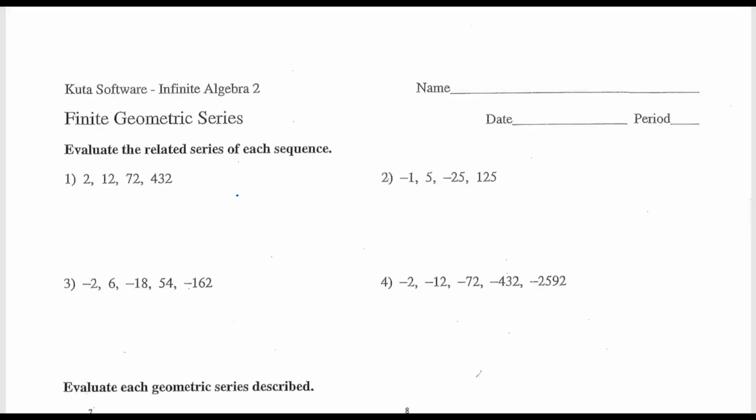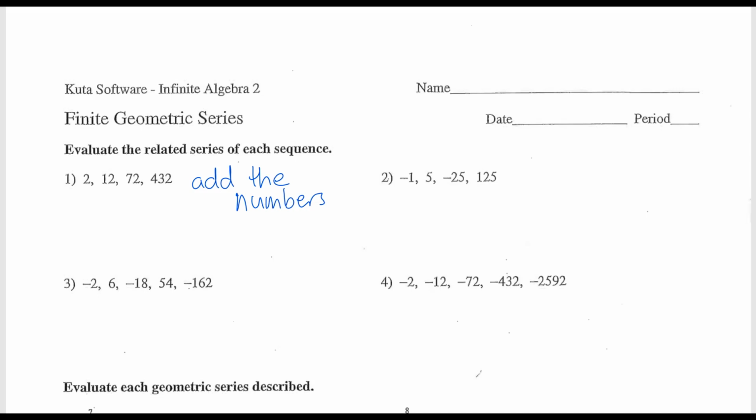Okay, for our next page, we're asked to evaluate the series for each sequence, which is just to add all the numbers. Okay, and for that you can use the formula or your calculator.